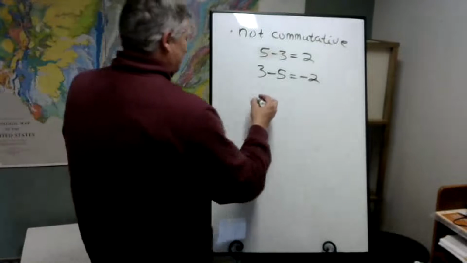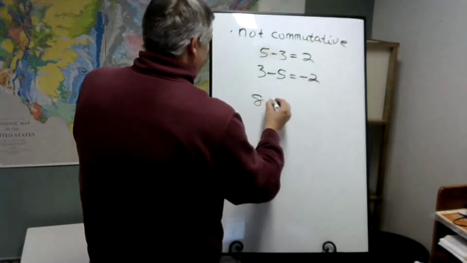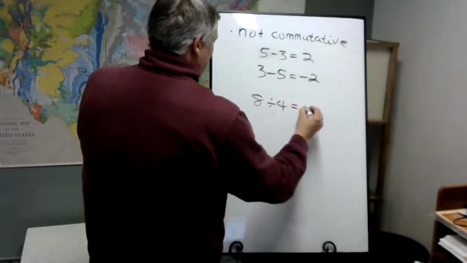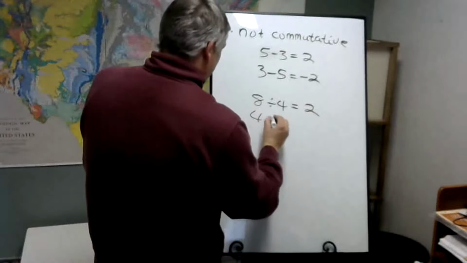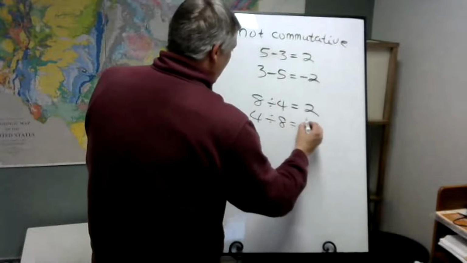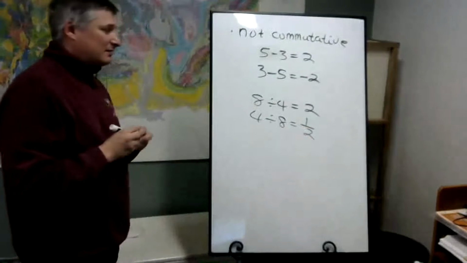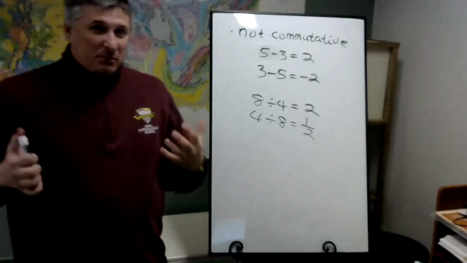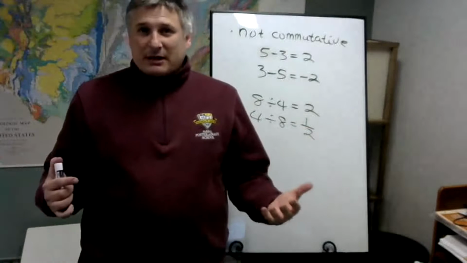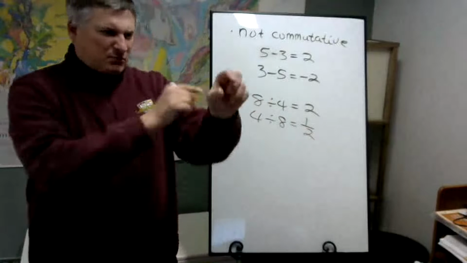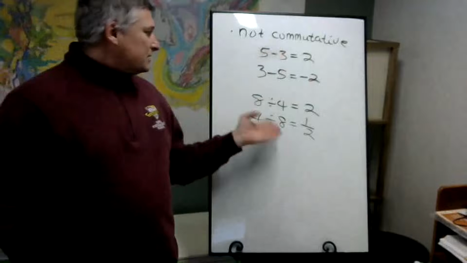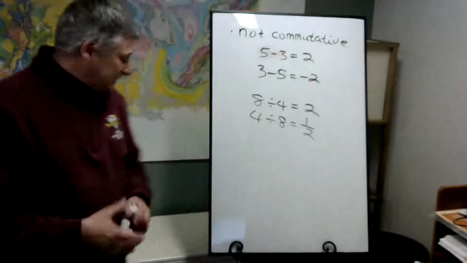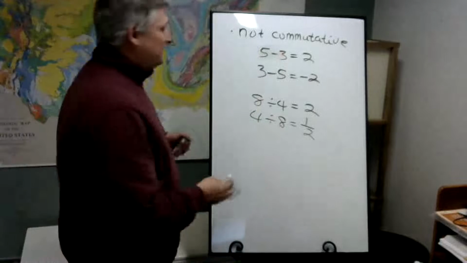Division: let's say we take 8 divided by 4, we get 2. 4 divided by 8, we get 1/2. So the point is, with addition and multiplication, you can switch the order around on the numbers. That's fine. Subtraction and division, you can't. So those aren't commutative.